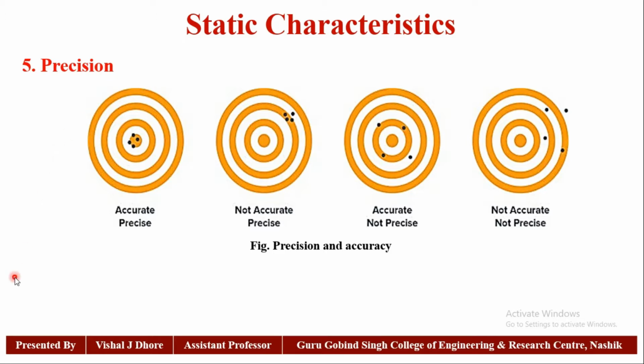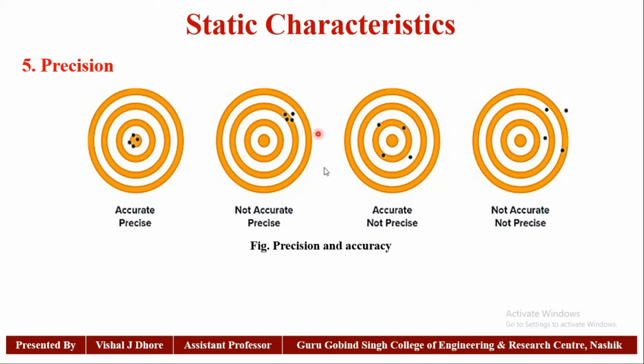The first figure is like orbits, or we can take the example of a shooting range. This figure indicates it is accurate and precise. It means all the points are very close to each other and repeatable. So this is accurate and precise.